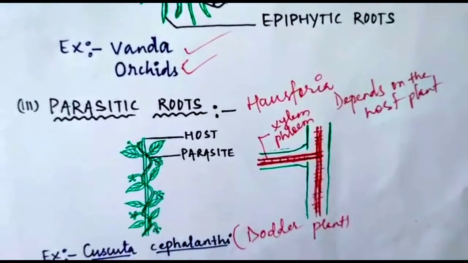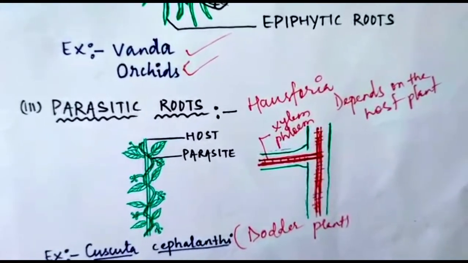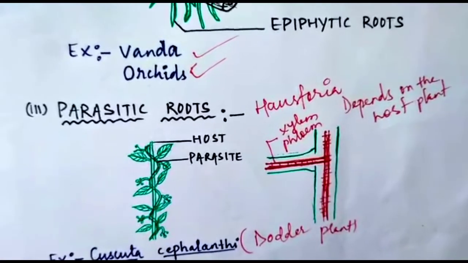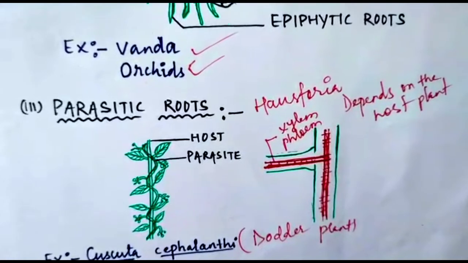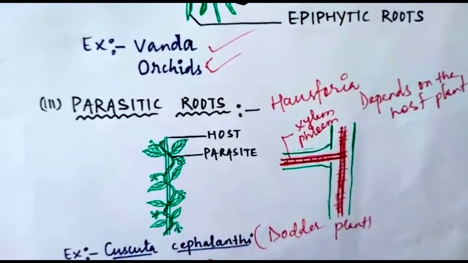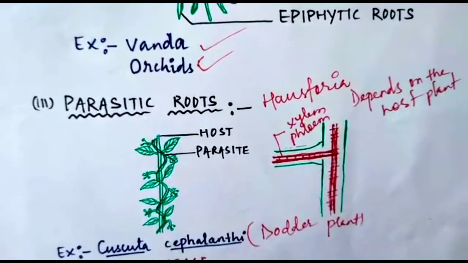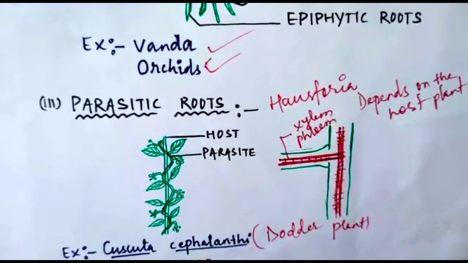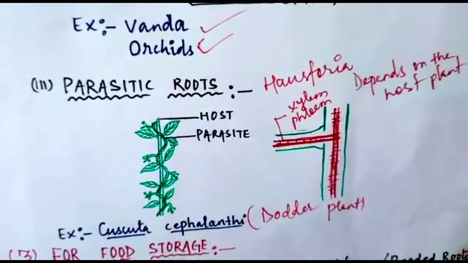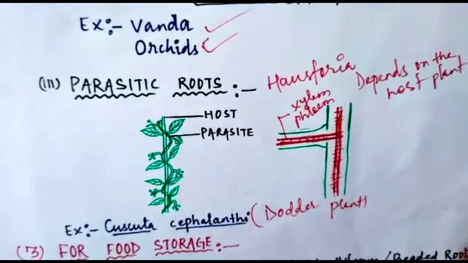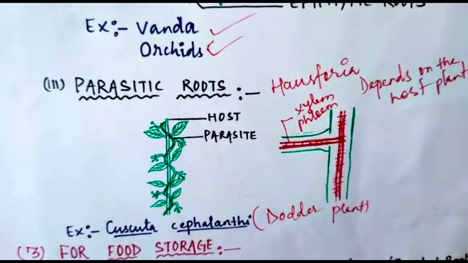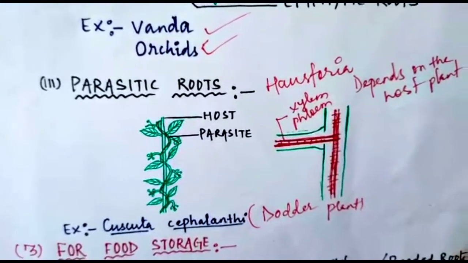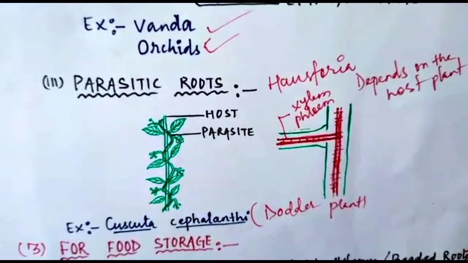The vascular part of the parasite, or the haustoria, penetrates up to the vascular part of the host, and the xylem absorbs water from the xylem of the host and the phloem absorbs food or nutrition from the phloem of the host plant. So these type of roots are known as parasitic roots.